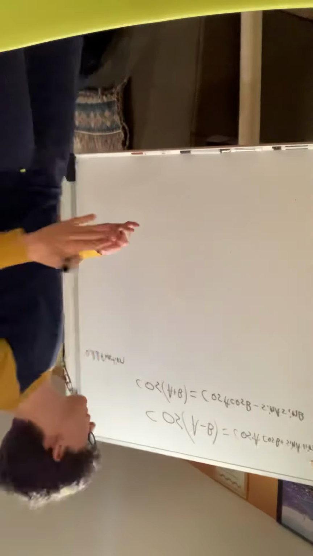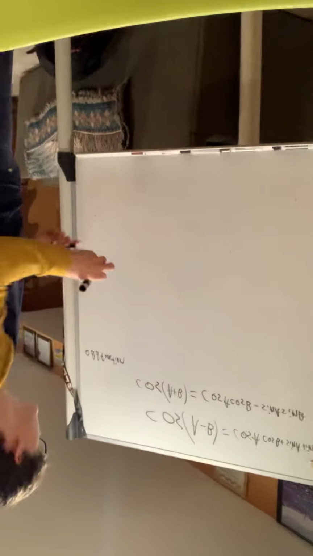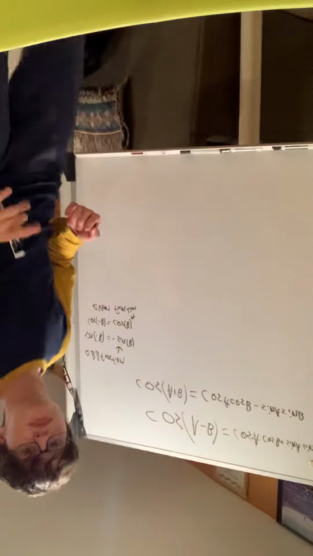Long story short, it means that sine of negative B equals negative sine B, and cosine of negative B equals cosine of B. And this one's the even function, which you guys should already know as members of my class, because this is a very advanced class, and if you don't know that, out. The door is over there.